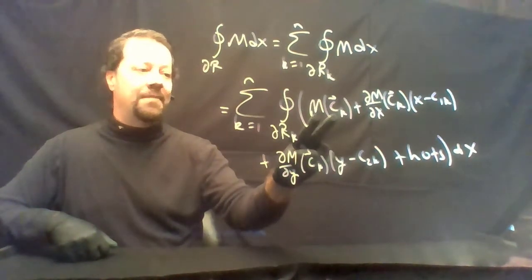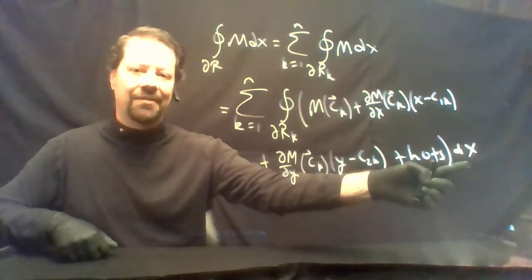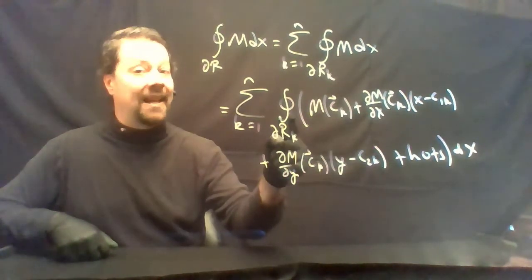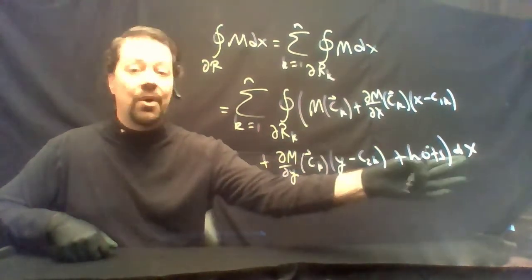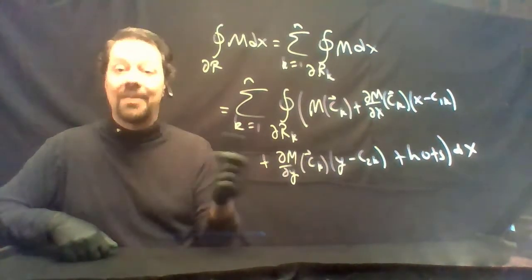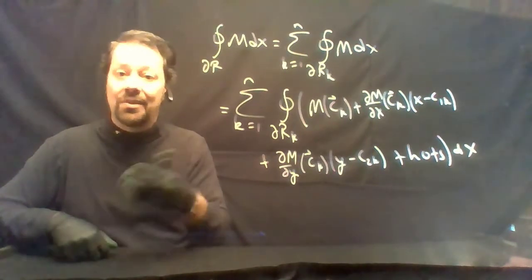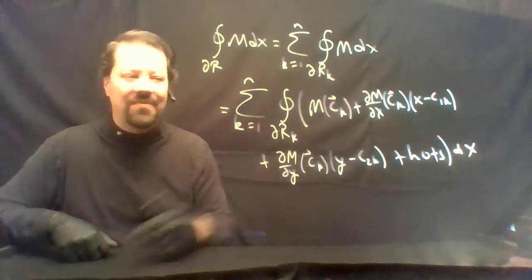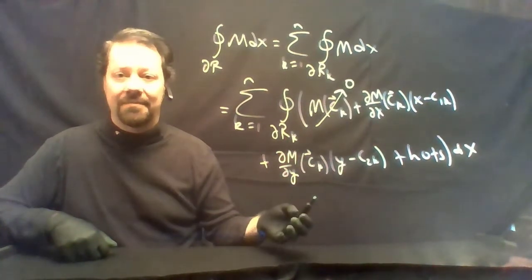Here I have m evaluated at ck. It's being multiplied by the differential dx, and I'm integrating in a closed loop. This is a constant. You know that if you integrate dx in a closed loop, you get 0, because the sum of the little changes in x in a closed loop is 0. So the first term gives you nothing.